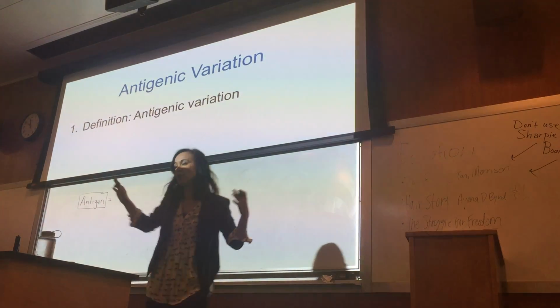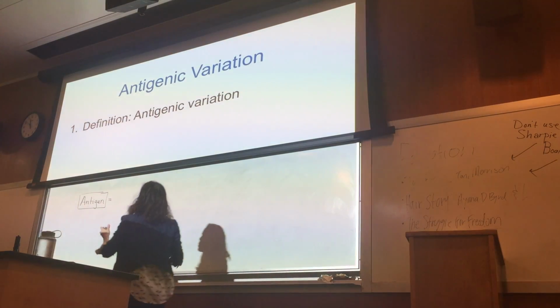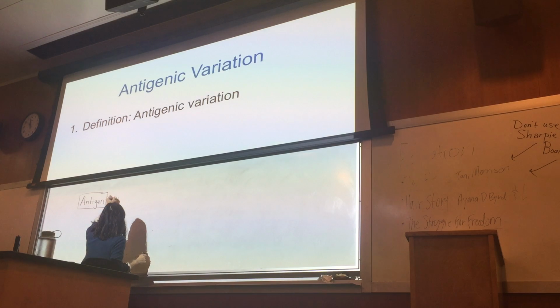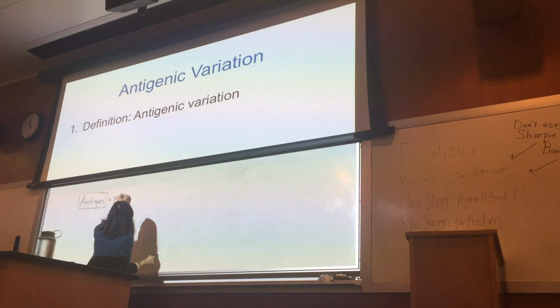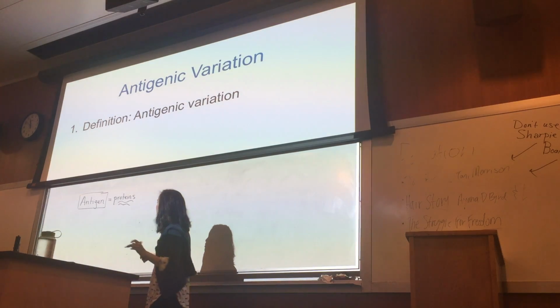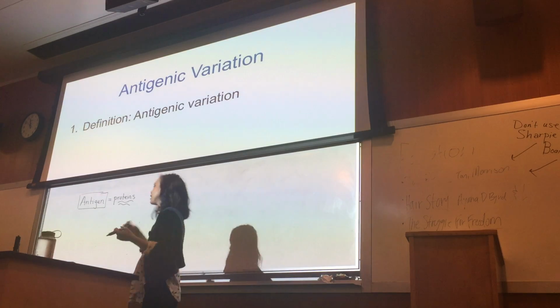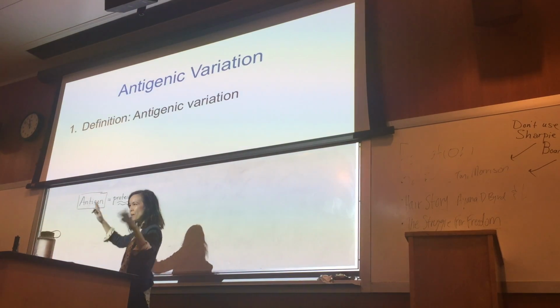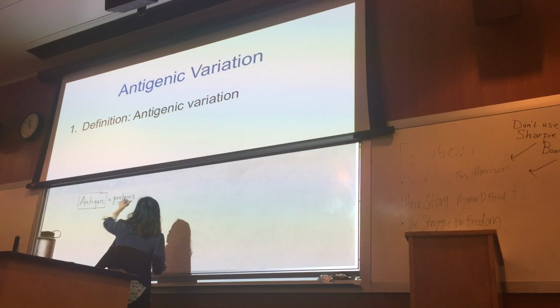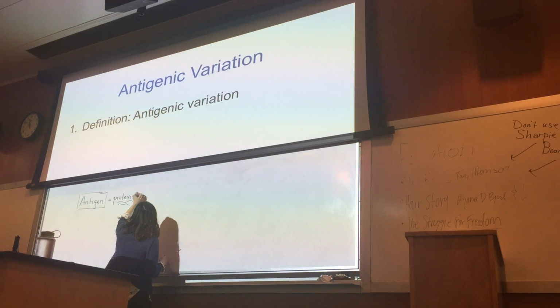When we see the word antigen, usually we're talking about proteins. They don't always have to be proteins, but proteins generally serve as the best kind of antigen. And these are proteins that activate your immune system.